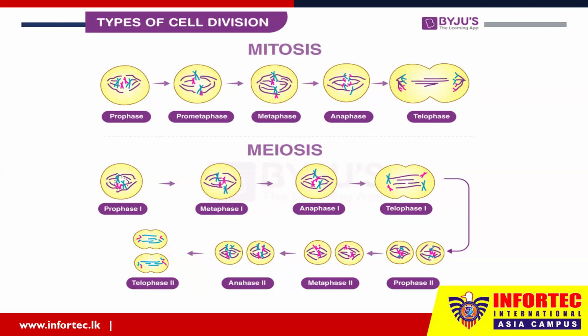Because of that pulling, the chromosomes break apart. The chromatids head towards the poles because of the action of the microtubules. The centromere dissolves, and now we have two sets of genetic material at the two poles of the cell.